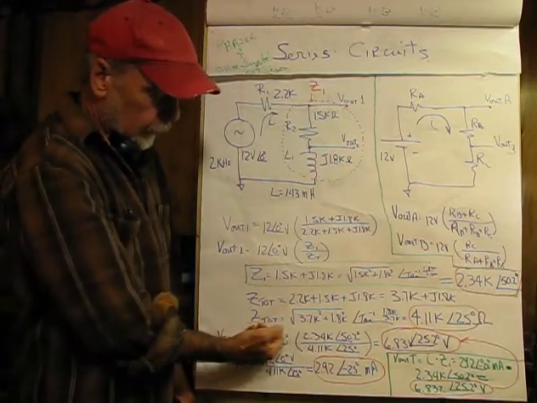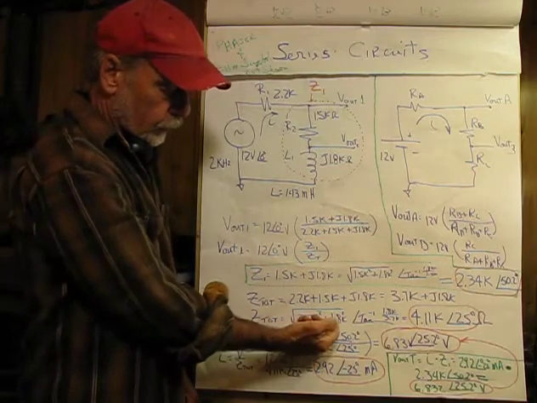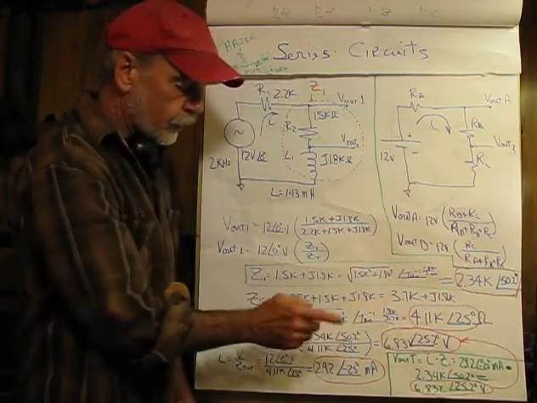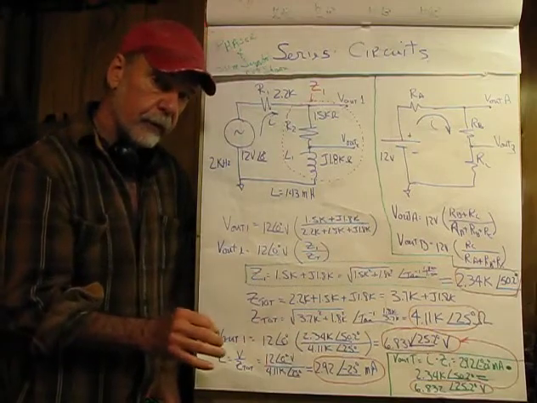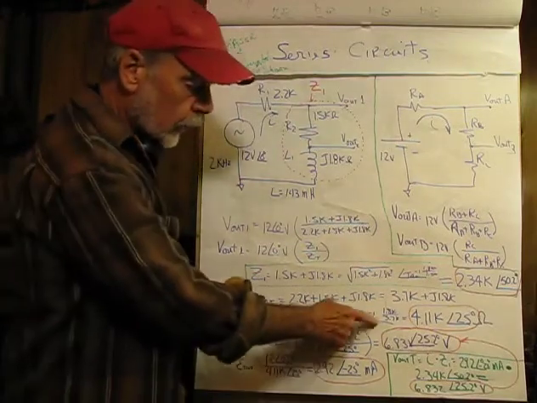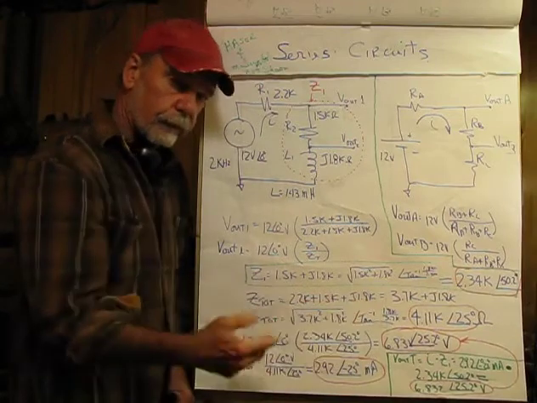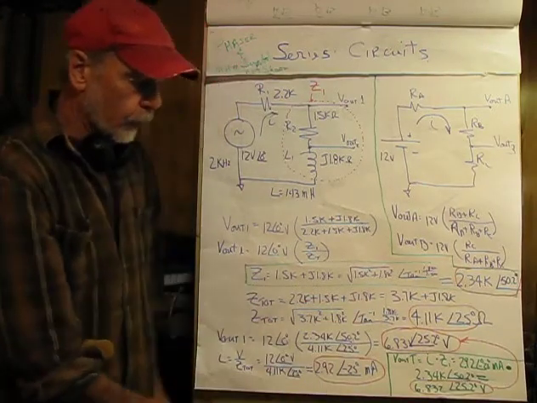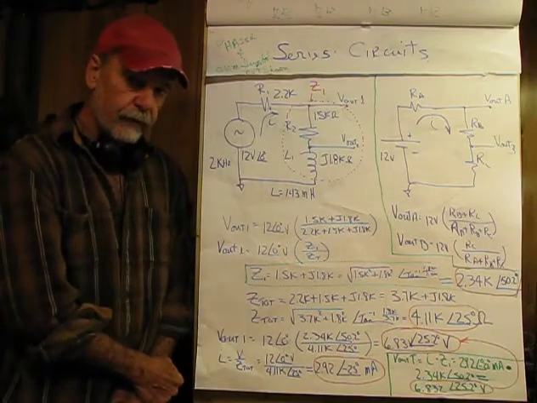Z total equals the square root of the sum of the squares as before. Inverse tangent of 1.8K this time over 3.7K, which is the total value of the real component, and in polar form that gives us 4.11K at 25 degrees.